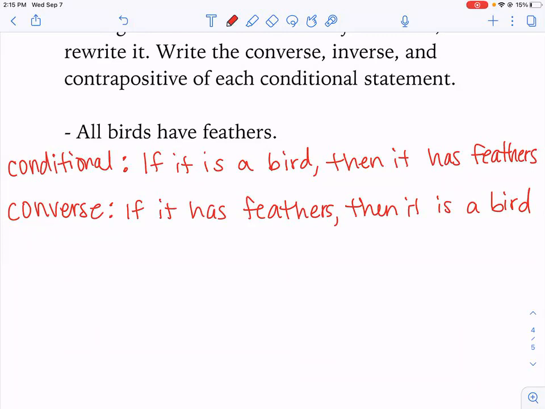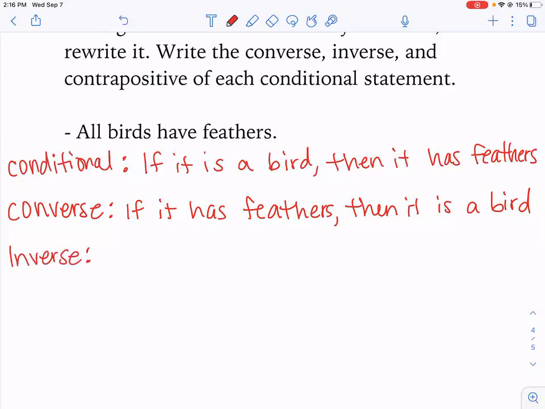Does a penguin have feathers? Yeah, penguins are birds though. Do you know of an animal that has feathers that's not a bird? Dinosaurs don't count, Colin.